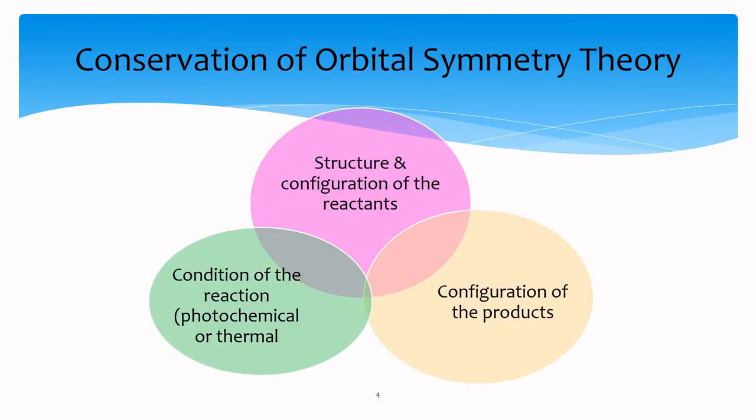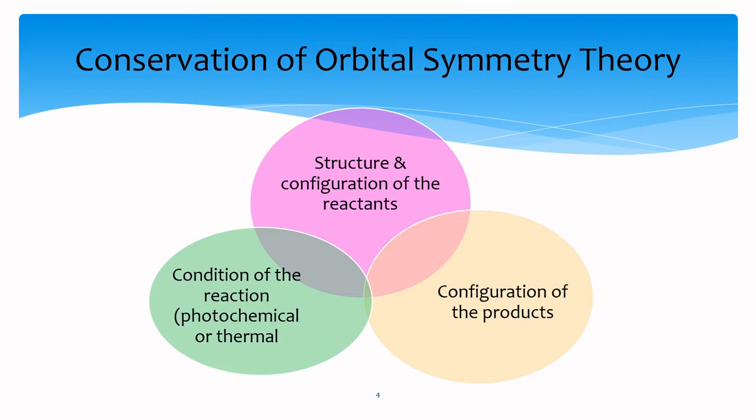In pericyclic reaction, we normally involve the conservation of orbital symmetry theory, where we use a lot of molecular orbital theory in defining pericyclic reaction. There are three components of pericyclic reaction. The first is the structure and configuration of the reactants, whether the reactant is cis or trans.